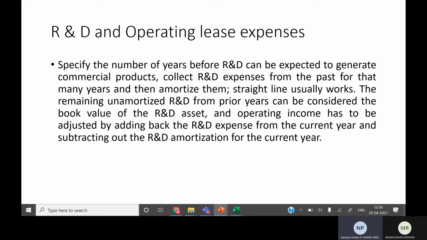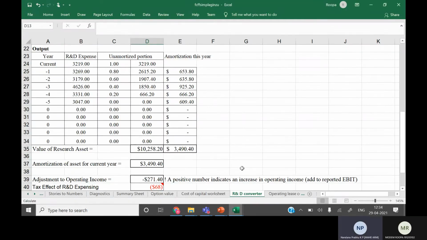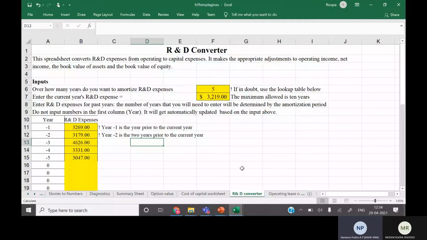And the unamortized R&D has to be considered as an asset and entered into the value of assets, in addition to the assets already in the balance sheet. We will get to know that in the R&D converter. So we will see that Excel template of the R&D converter, and that converter is to the right of the main input sheet. It is here, and please scroll down below.